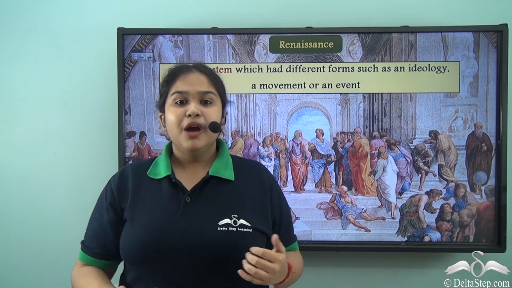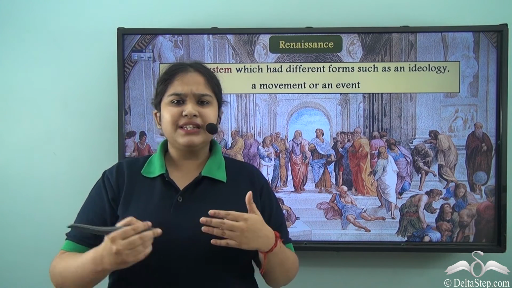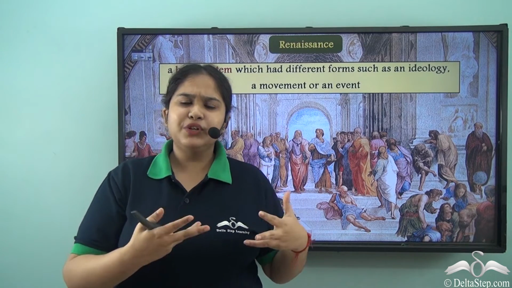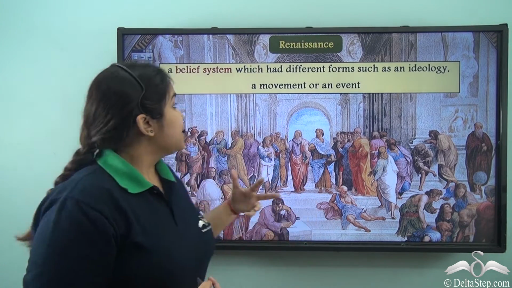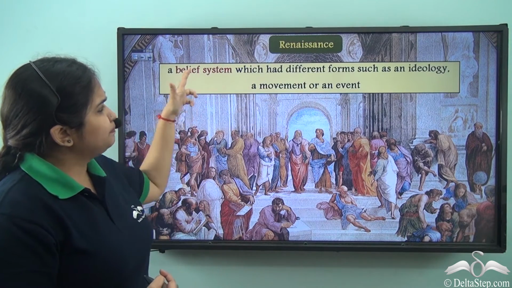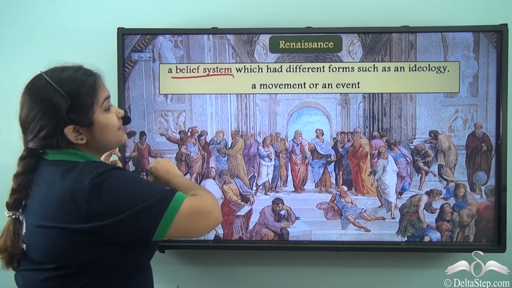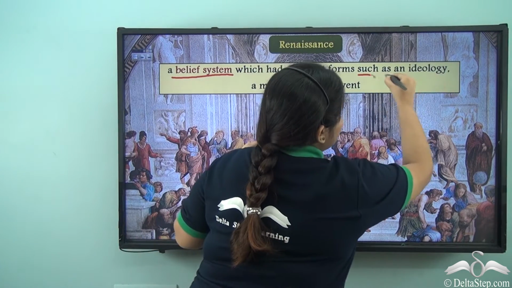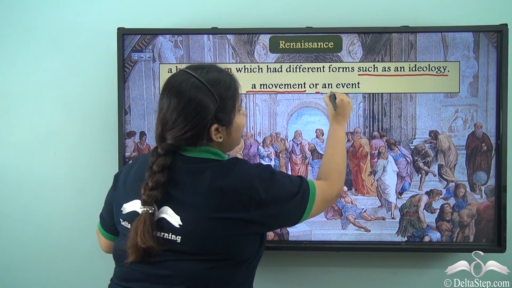So this period ideally included all of these fresh ideas and the revival of the old classical ages as well. But what was exactly the Renaissance? Was it a set of beliefs? Was it a set of values? Or was it a cultural movement of these changes? So if we try to look at the underlying factor here, we see that it is a belief system which includes ideology, a movement, or an event.